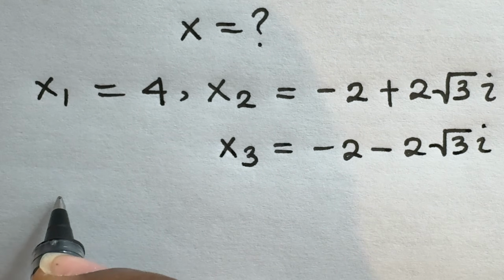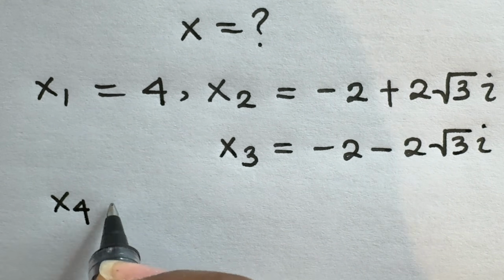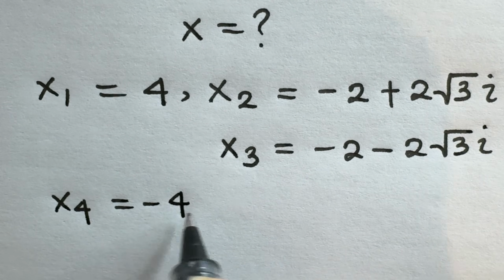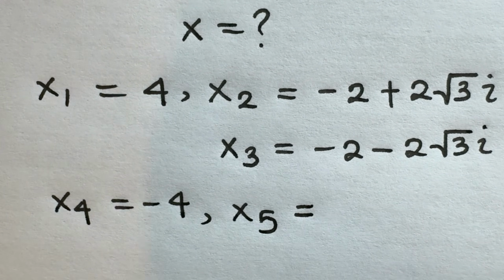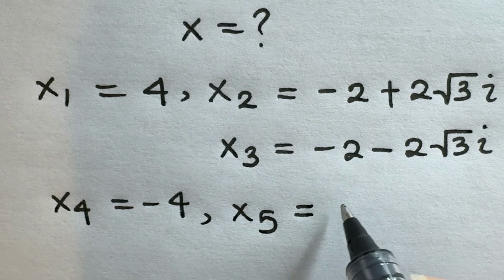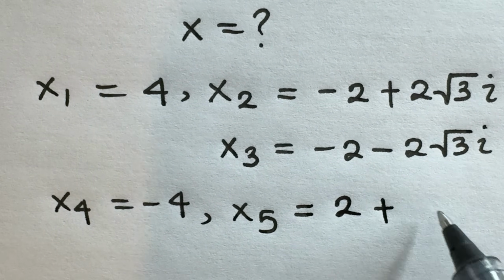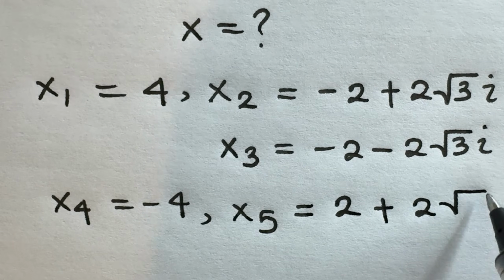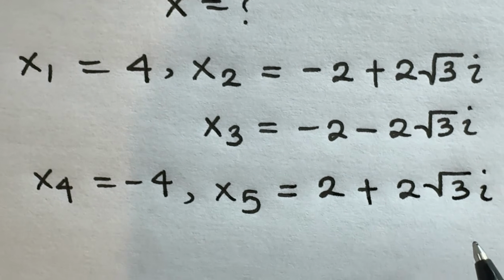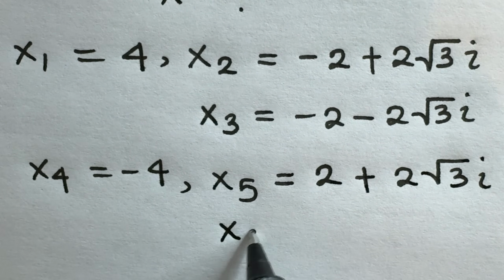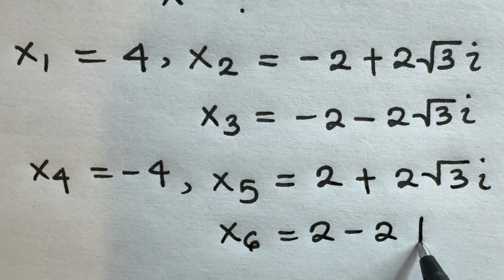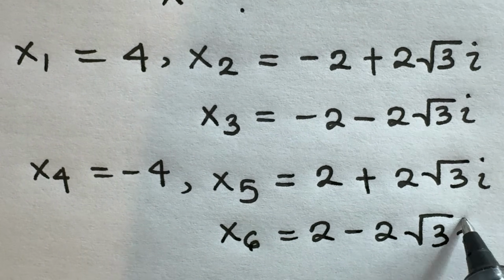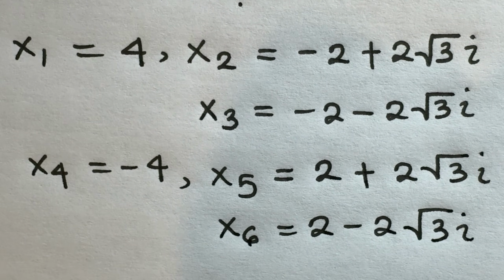And then we also got x4 is equal to -4. x5 is equal to 2 plus 2 root 3i. And x6 is equal to 2 minus 2 root 3i, giving us all 6 possible solutions to this problem.